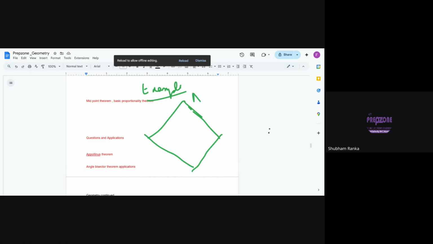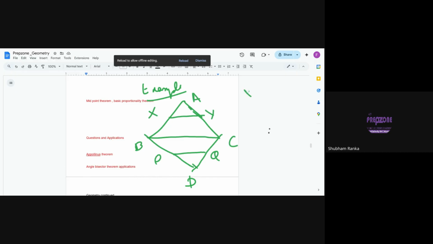So this is a quadrilateral ABCD. Now it is known to you that BC is joined, so you basically have this kind of figure now. This is XY and this is PQ. So I'm going to solve this. Just see how I'm solving this using the idea of proportionality.